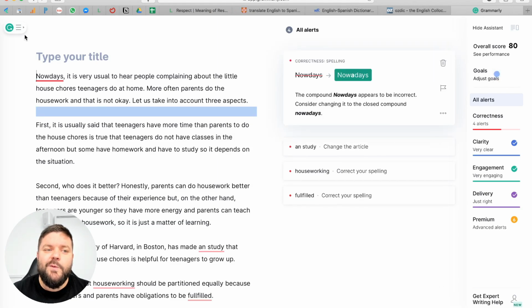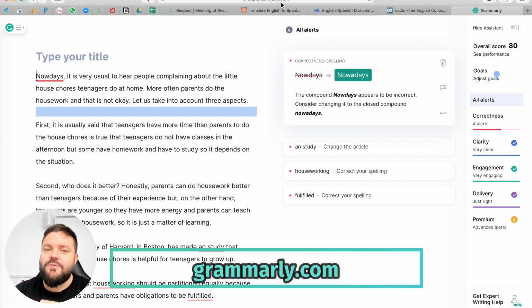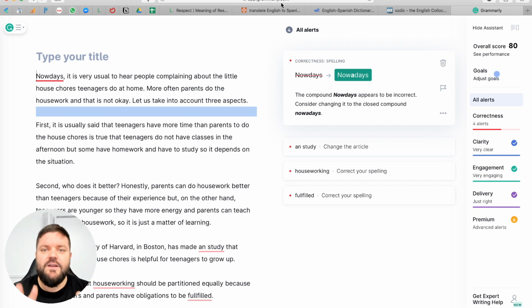And then we have Grammarly. Okay, Grammarly.com, and this is probably one of the most interesting in this list. Although, as I say, all of them are super useful. But yeah, Grammarly is basically an application that allows you to introduce a chunk of text, let's say an essay or some review or something like that.